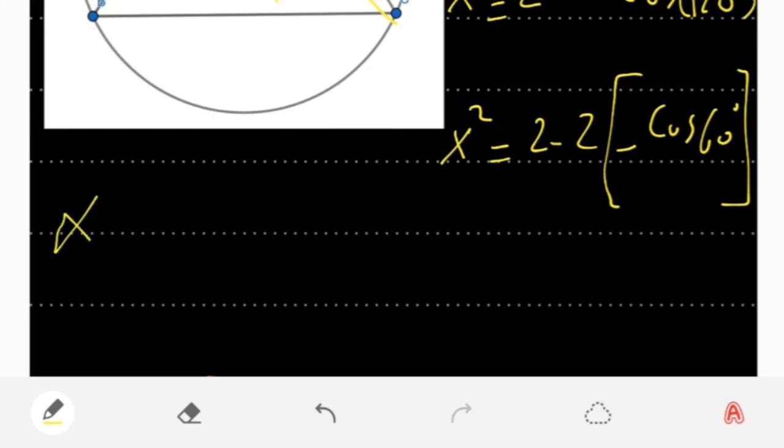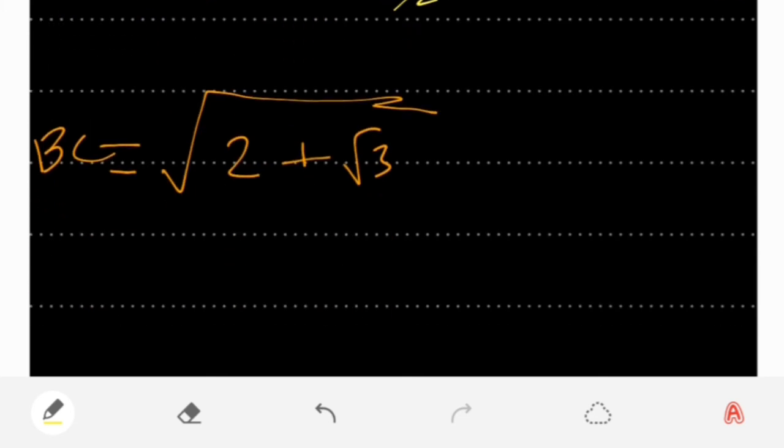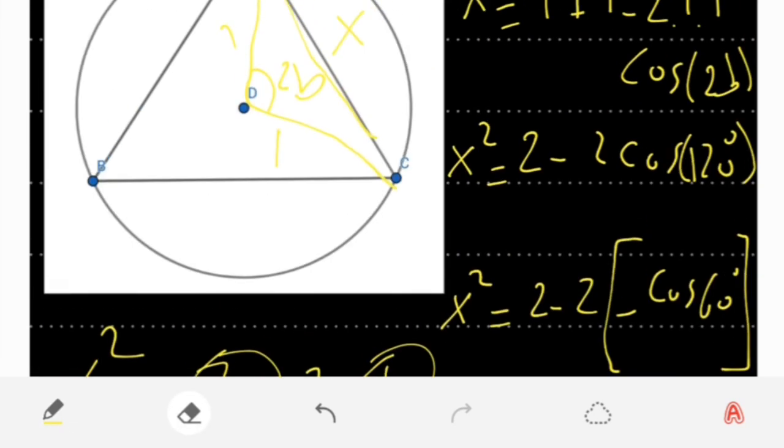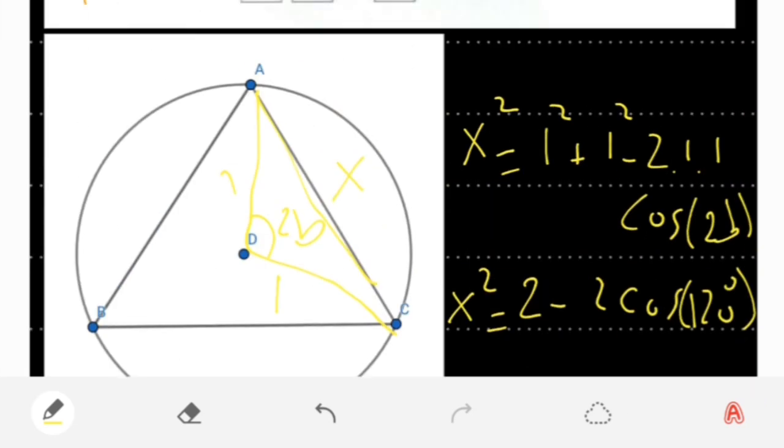So x squared is equal to 2, minus multiplied by this minus gives plus 2 times cosine of 60, which is 1/2, so this will cancel with this, and then we'll have 2 plus 1, which is 3. So x is equal to square root of 3, okay? But what is x? It is AC. So AC is equal to this.